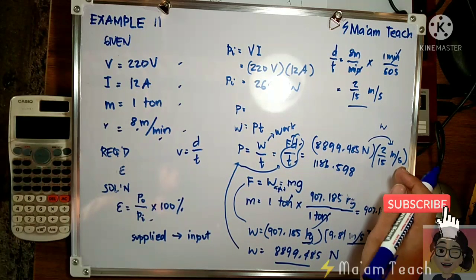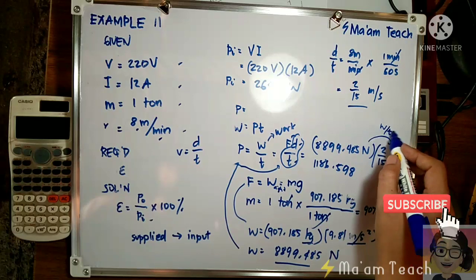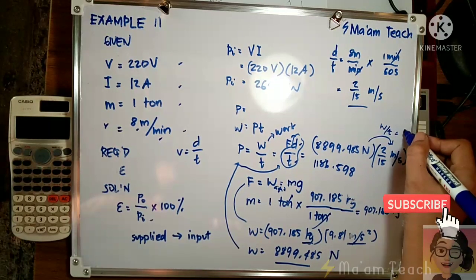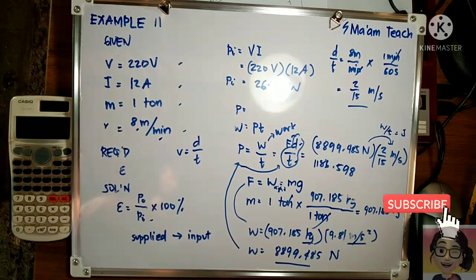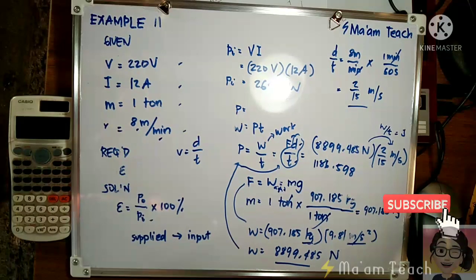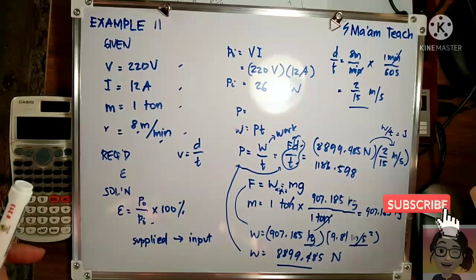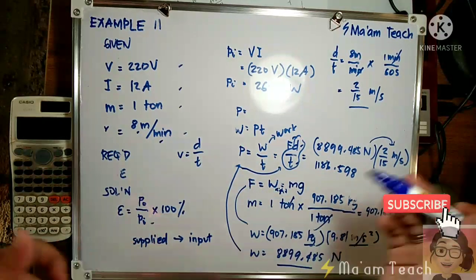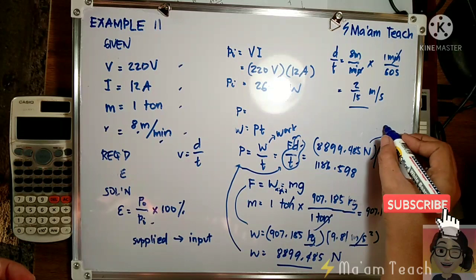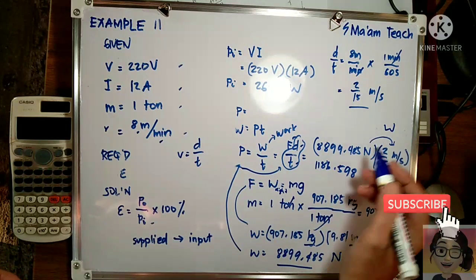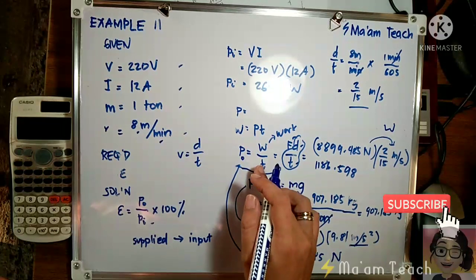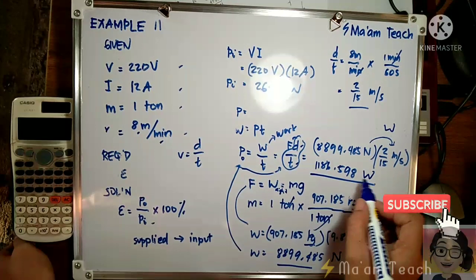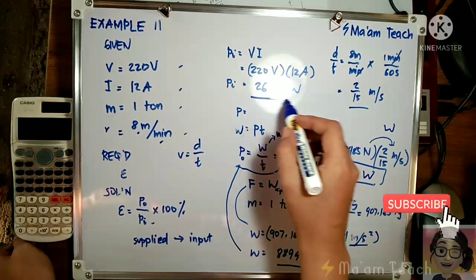And this time unit there, so that is equivalent to what? It will be your joule, or watts also, I'm sorry, that will be watts. So again, this Newton meter per second is equivalent to watts. So this will be our power output, class, power output. Again, this is in watts. This is our power output. This is our power input.